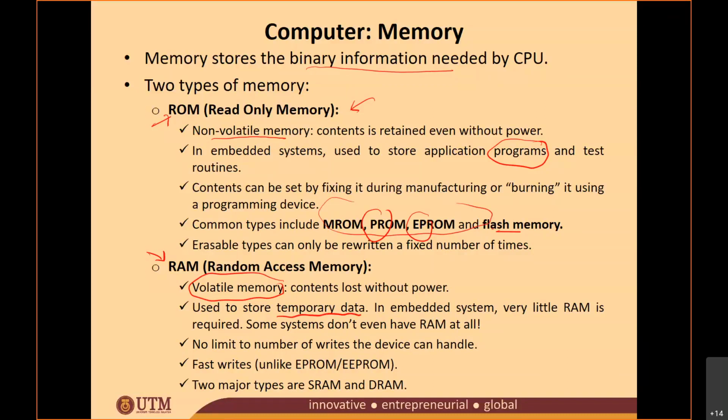In an embedded system, very little RAM is required. Some systems don't even have RAM at all. But for the Atmega 32, we have a RAM. The size of the RAM depends on the chip that you are buying.